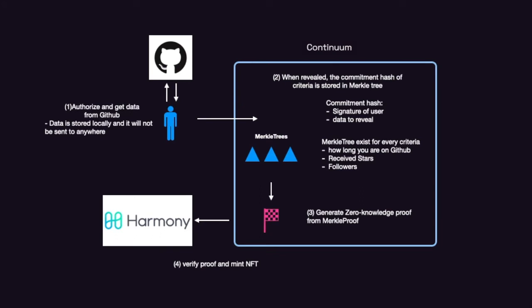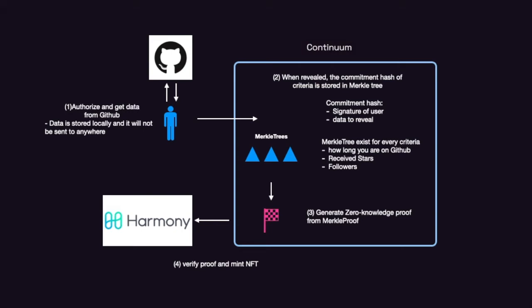This is the overview of the flow. In the first step, you get authorized and get data from GitHub, and this data is stored locally and will not be shared anywhere. When you decide to reveal the data, you insert your data into a Merkle tree, and this Merkle tree will have the commitment hash.